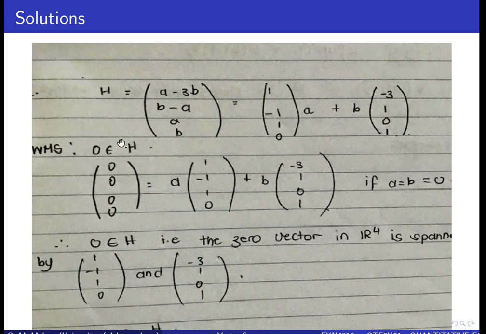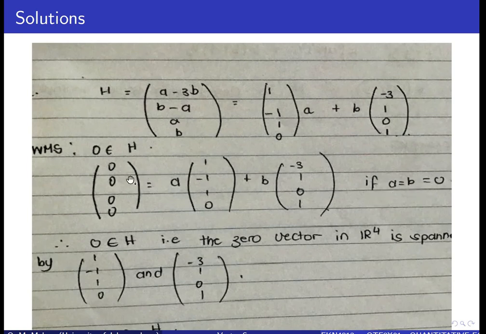So we must show that the 0 vector, obviously our 0 vector should be in R4, is in H. Clearly, I can write 0 as this set here. The 0 vector is spanned by these 2 vectors here, right? In this case, my vectors are given as (1, negative 1, 1, 0) and (negative 3, 1, 0, 1), where A and B are equal to 0.